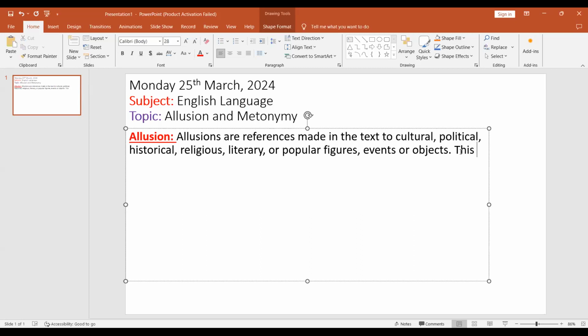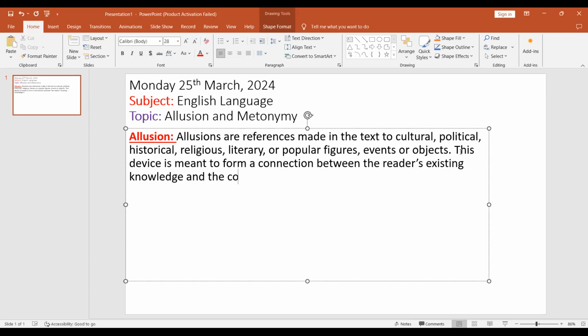This device is meant to form a connection between the reader's existing knowledge and the complex idea the writer raises.